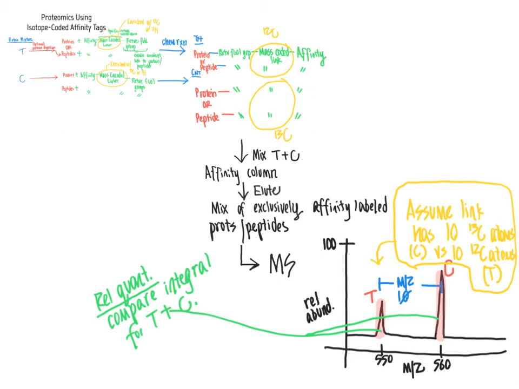And so it's really advantageous and key to the quantitative capabilities of this method that the treatment and control sample are mixed during most of this process of preparation through affinity chromatography and handling, and then mass spectra, because if there's any variability in the method here at any of these steps from the time that the sample is mixed, the variability would affect equally the treatment and the control sample, meaning that if a bit of the sample was lost because it got stuck in a pipette tip, you would be losing the same amount of treatment sample as control sample because of the fact that those are already mixed together, and hence the relative amounts of the two proteins or two peptides would remain constant at that relative basis.